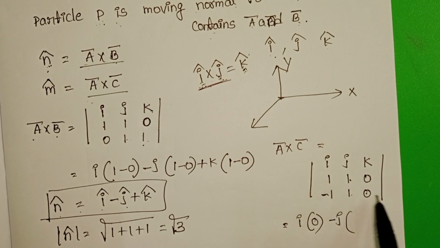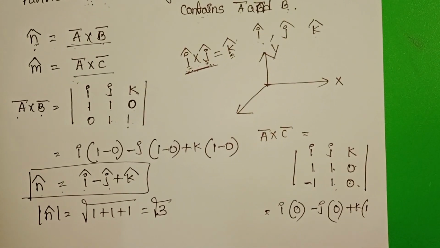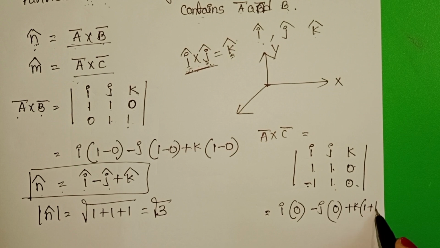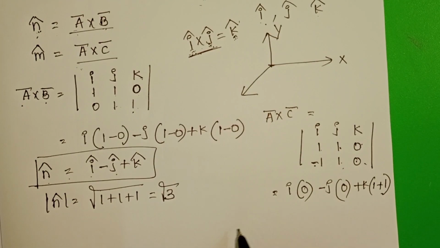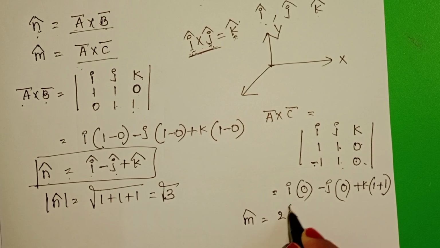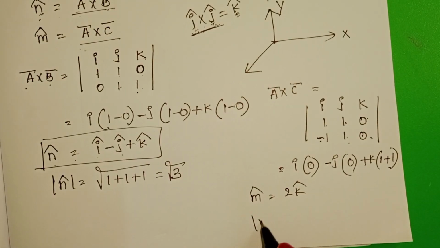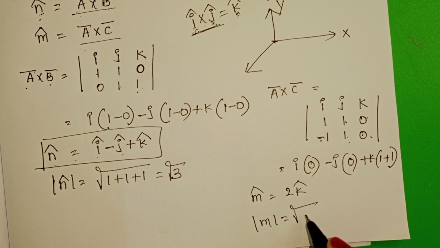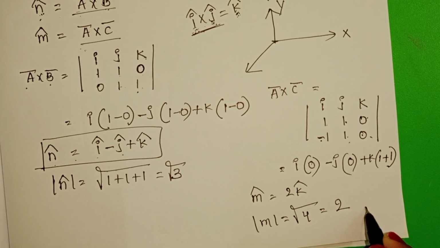Minus j into 0, 0. Plus k into 1 into 1, 1. In the formula minus is there: minus into minus plus 1 into 1, 1. So m cap is equal to 2 k cap. So the magnitude is equal to square root of 4, that is equal to 2.